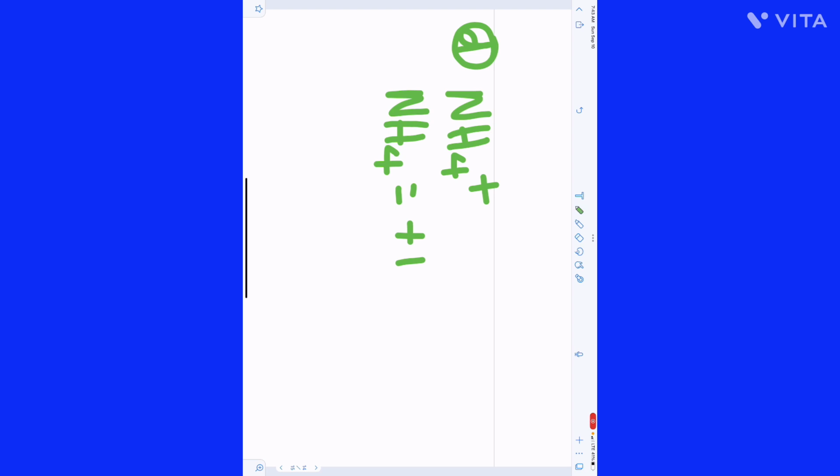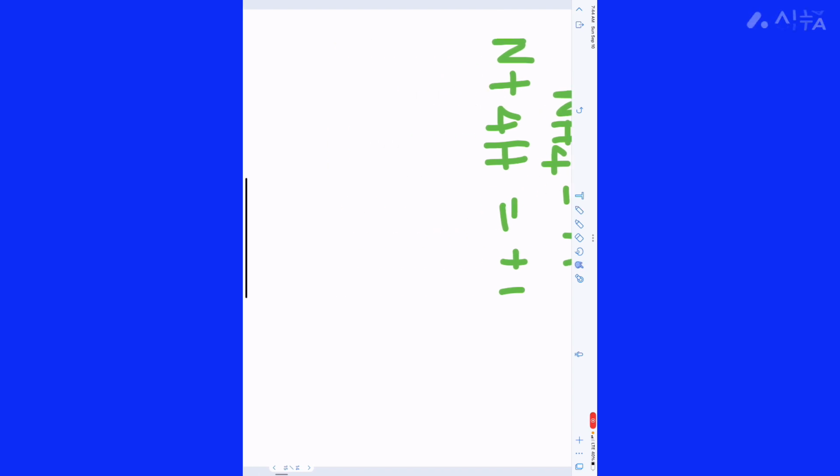So that means if you put the oxidation number of nitrogen together with 4 hydrogen, you should get a total of +1. Now, this is not a metallic hydride, so the oxidation number of hydrogen here will be what? +1. Hydrogen has an oxidation number of +1 in all compounds except metallic hydrides.